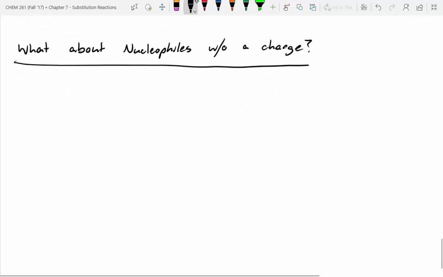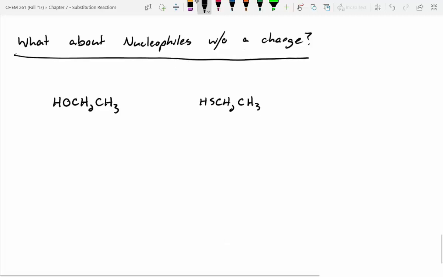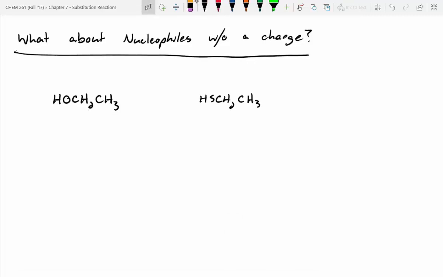So let's compare these. I've got ethanol over here, and I've got the sulfur analog over here. Which of these do you think is going to be the better nucleophile, and why?